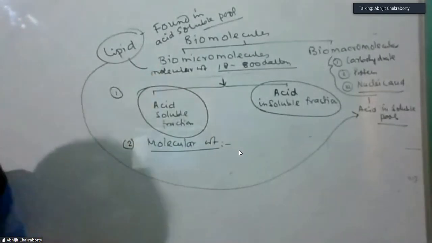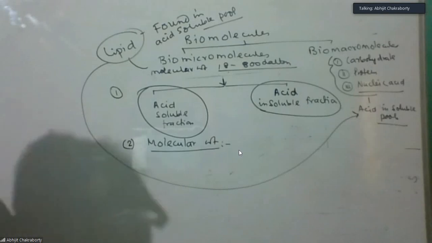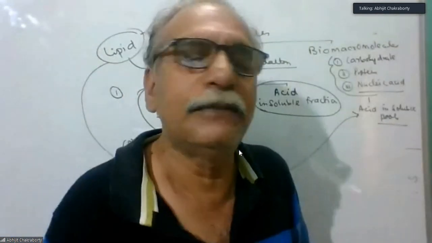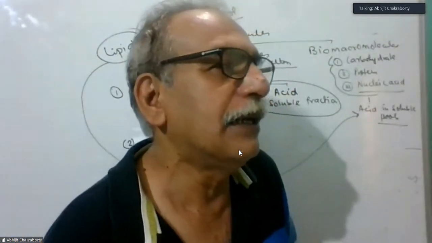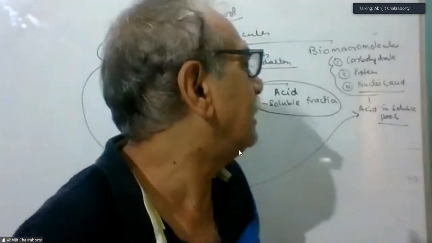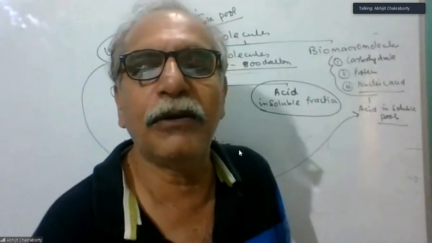Now, regarding its collection, the interesting thing is they are found to be present in the acid insoluble fraction. Although its molecular weight is in the range of 18 to 800 Dalton, it is found in the acid insoluble fraction, similar to biomacromolecules.